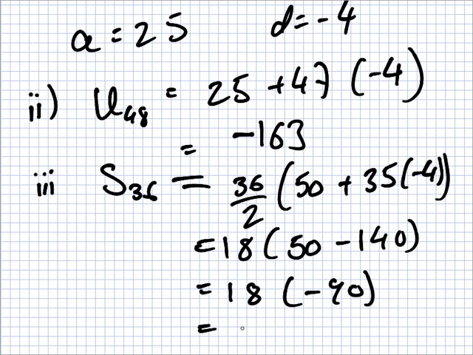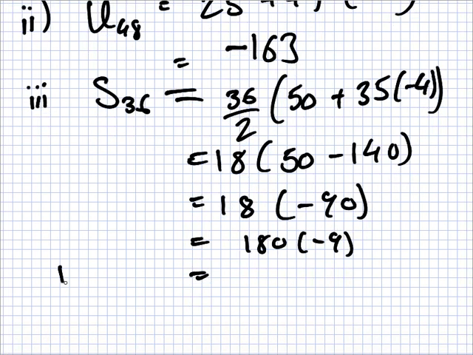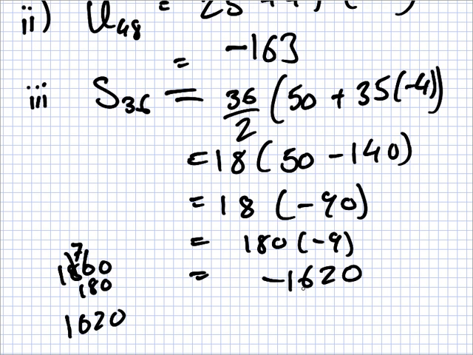So that's 180 times minus 9. Now don't tell me, I can do this. Minus 1800, 180, minus 1620? No. I thought it's 3. Am I right? Yes. Okay, thank you.